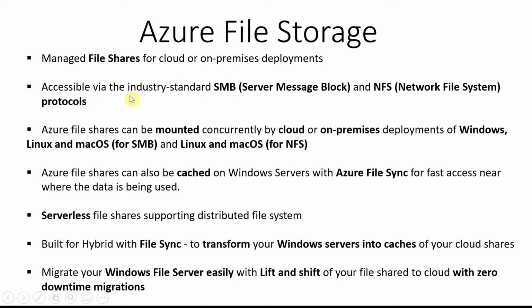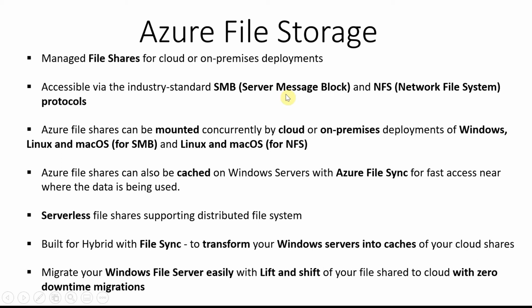When someone talks about file, the first thing to keep in mind is the protocol. The most popular protocol is SMB, the Server Message Block, and NFS is also another popular protocol. These two are the most popular file protocols, but SMB is the most popular.